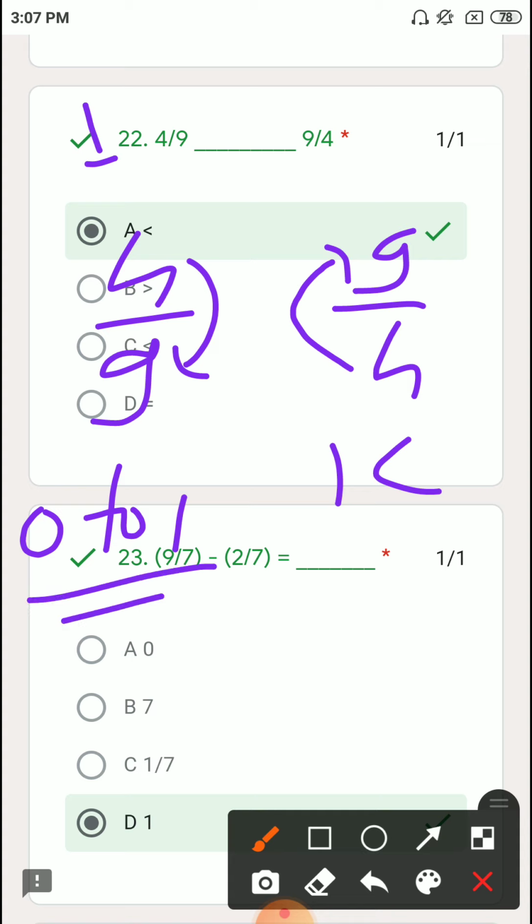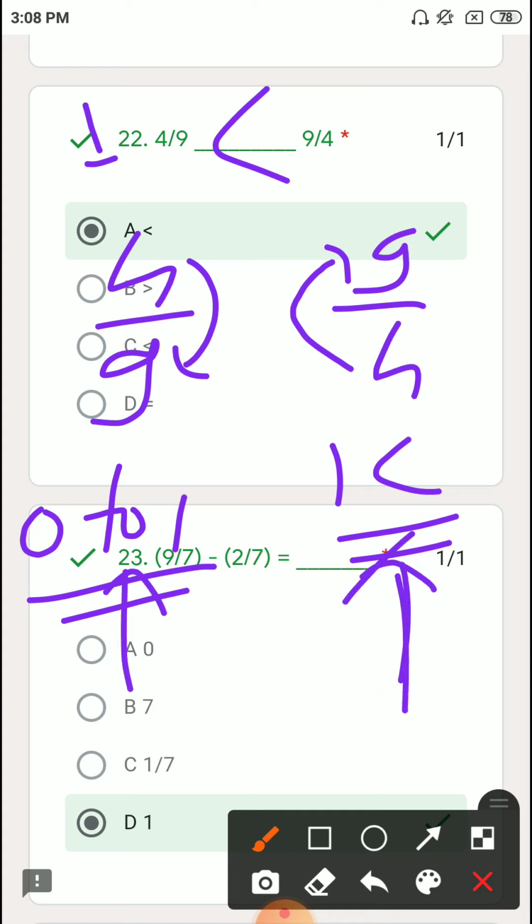So here the answer is between 0 and 1, here more than 1, so definitely this number is greater. 9 by 4 is greater than 4 by 9, because more than 1 is bigger, right? So the bigger number is 9 by 4.